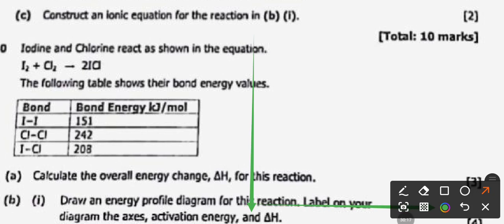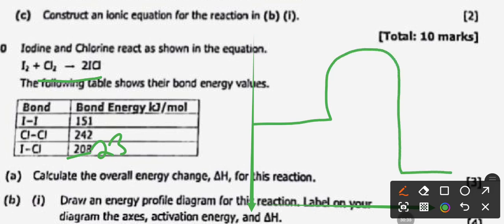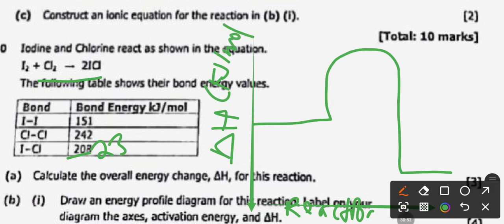Since the enthalpy change that we calculated was a negative value, this means that this type of reaction is an exothermic reaction, and the profile of an exothermic reaction would look something like this. Down here we have reaction pathway, then up here we have the ΔH on the y-axis, in kilojoules per mole.